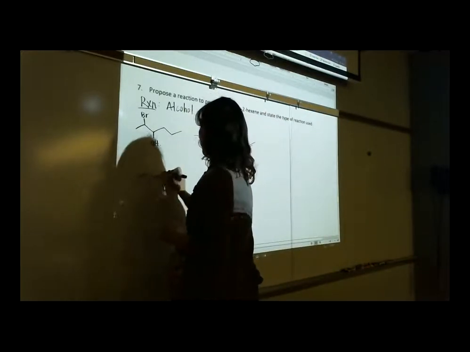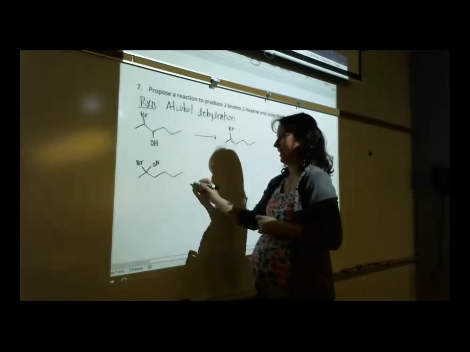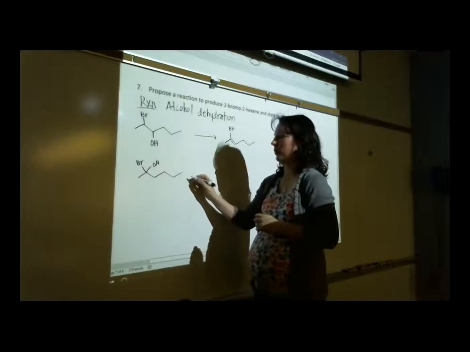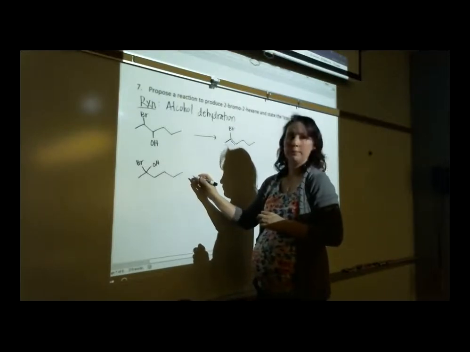Now, you also could have done 1, 2, 3, 4, 5, 6. This, right? But this one isn't as good. Why is this one not as good? Because where would you put the double bond?